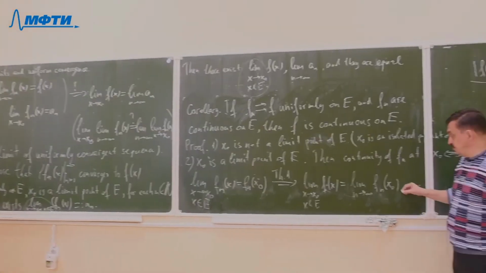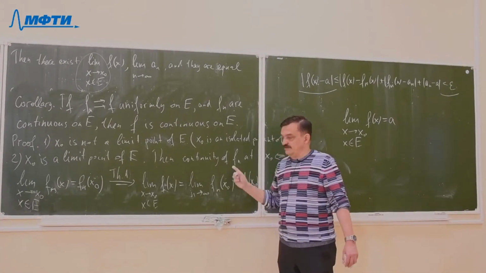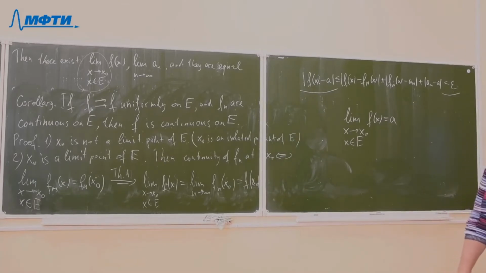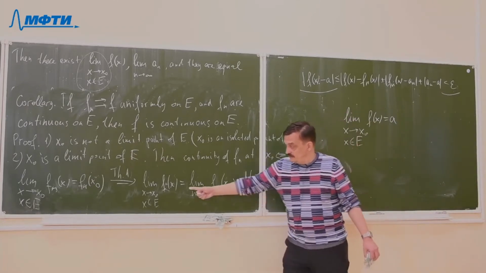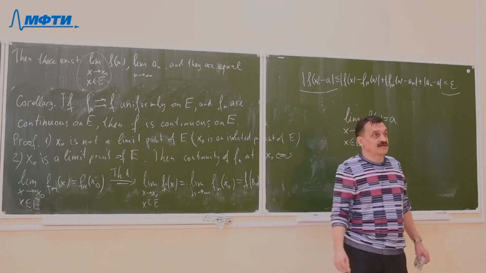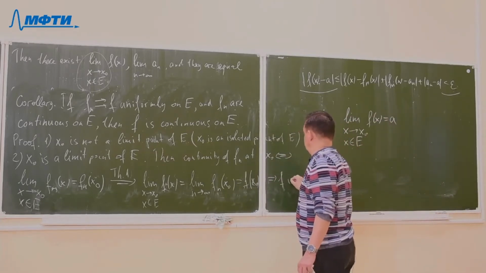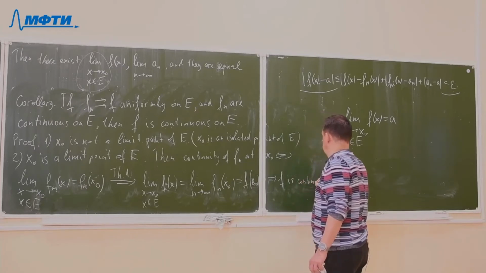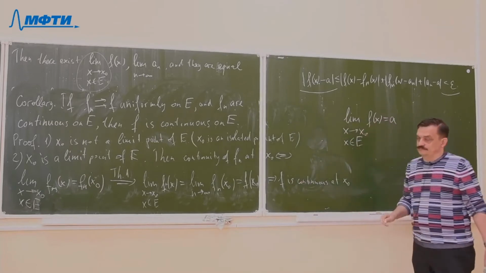So we know this is precisely f at x naught because of the definition of f. F is the limit of the sequence fn. And you see that is precisely continuity. So f is continuous at x naught.